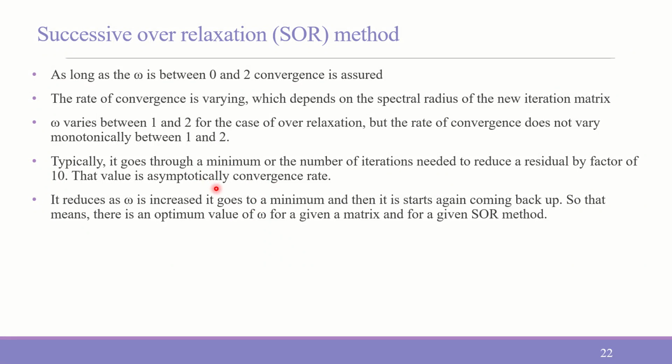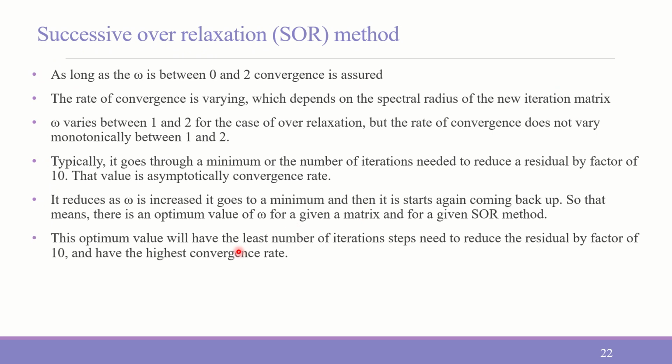So we have an optimum value of omega for which there is the minimum. And this is the optimum value of omega for the given SOR method. This optimum value will have the least number of iteration steps needed to reduce the residual by a factor of 10, and also it has the highest convergence rate.